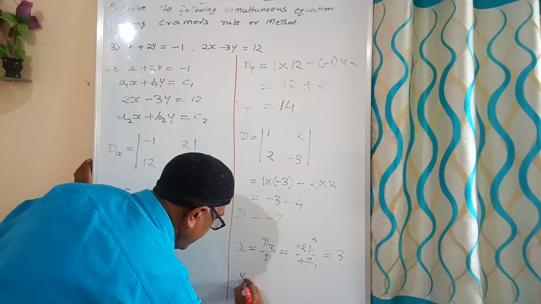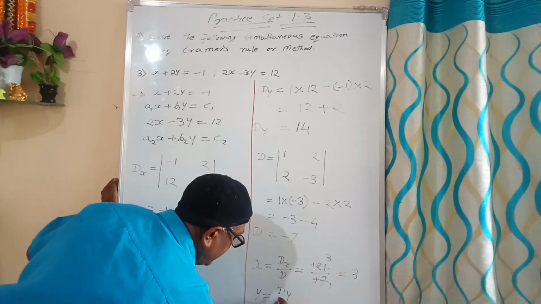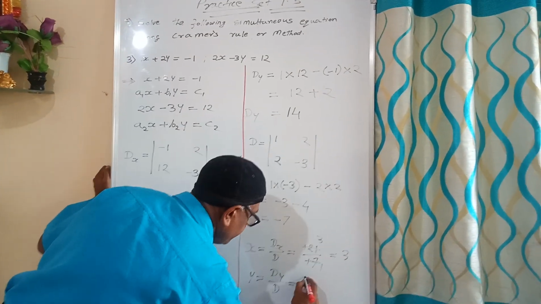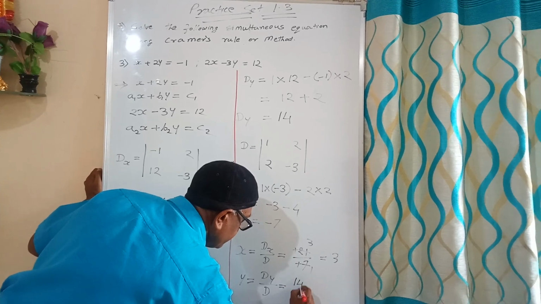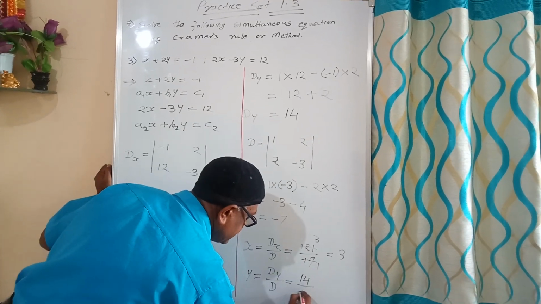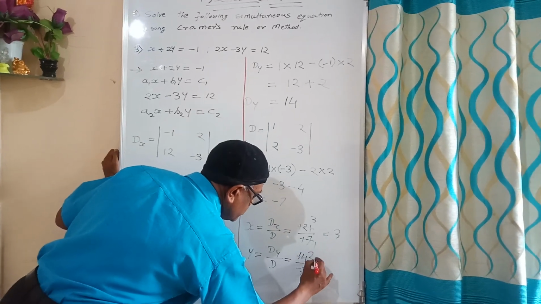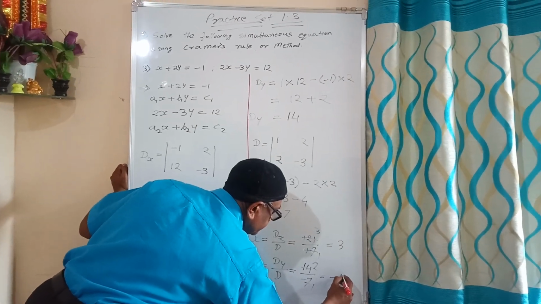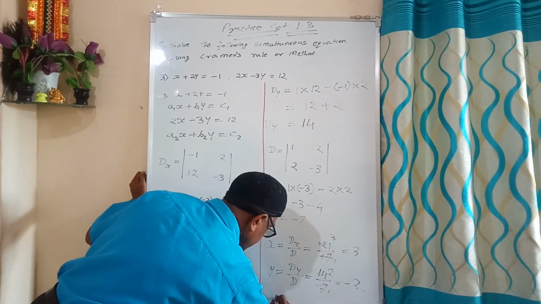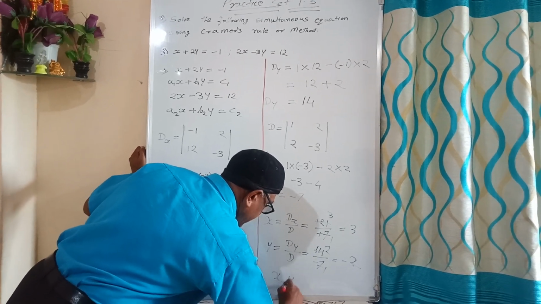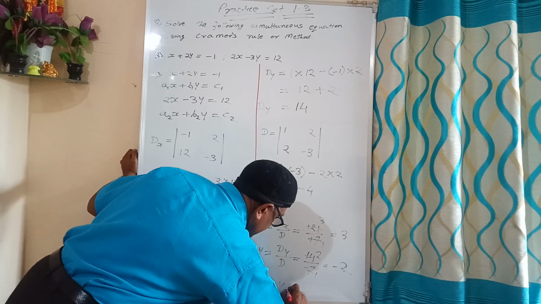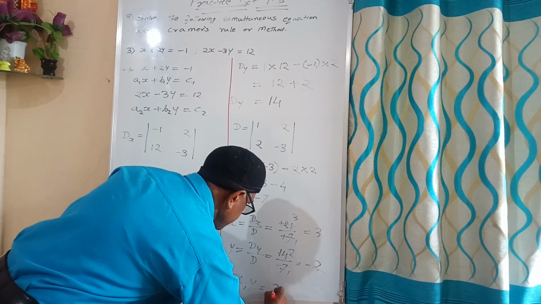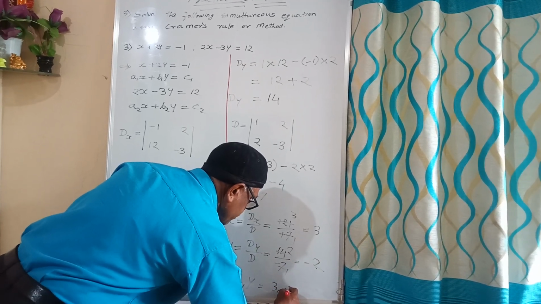Now y is equal to Dy upon D. Dy is 14 upon D is minus 7, 7 twos are 14, which is equal to minus 2. Now the solution x comma y is equal to x value is 3, comma y value is minus 2.